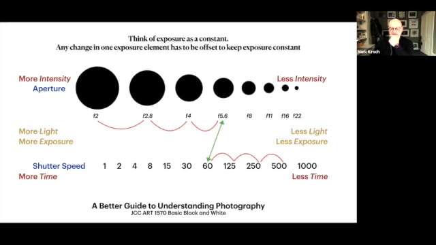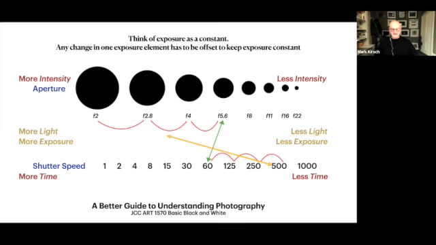Does that make sense at all? It's like the miles per hour and the time. My constant is that X amount of light. Now 60 and 5.6 creates a balance. If I move that shutter speed, I can create my balance.